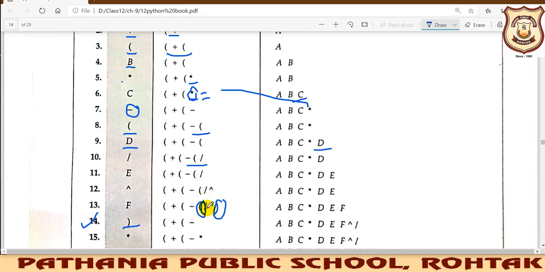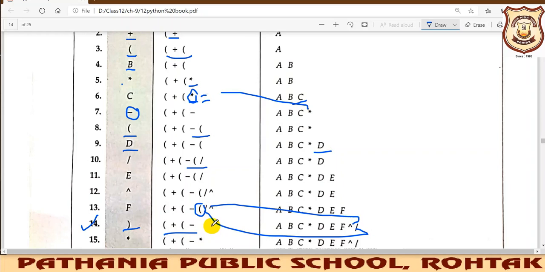So what is left? The exponential symbol and your division symbol. You will shift this exponential into the expression and this division symbol also, and the bracket will be ignored. So we are left with this status.